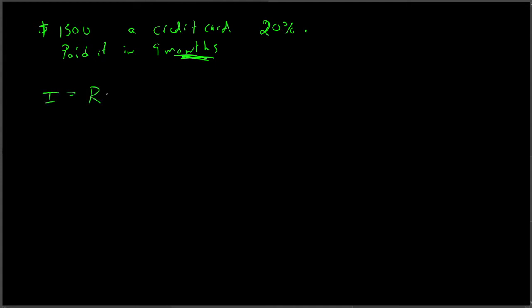So what we'll look at is the principal times the rate times the time. But time, well, there are 12 months in the year. So the time is 9/12 of the year. So $1,500 times, and I'm going to do the same trick I do with percentages.